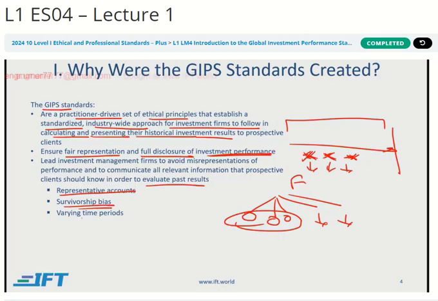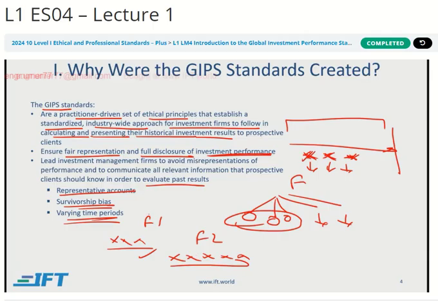Another issue is varying time periods. So for example, if we have firm 1, which has had excellent returns over the past 3 years, this firm might report the last 3 years of performance. Firm 2 might have had good performance over the last 5 years, so this firm might report the last 5 years worth of returns.